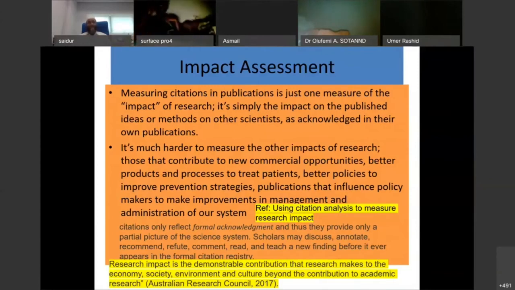Other impact like economic, societal, environmental, cultural has not been addressed. So maybe in future, the organizer, or maybe we also can address how to assess the other impact. I think that will be a good topic for future talks. Maybe we can invite some other experts, those who are in all those areas.